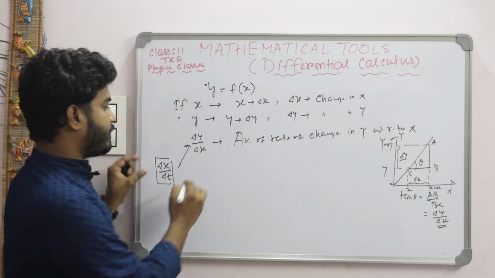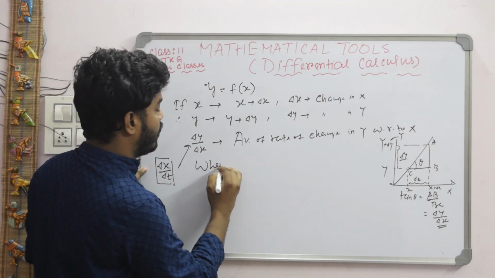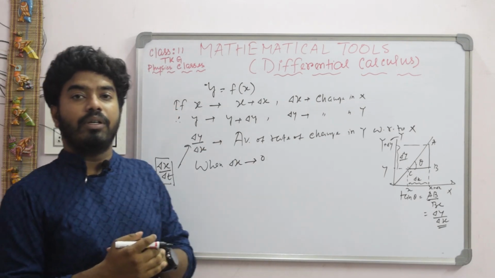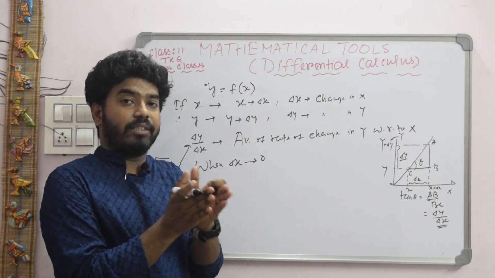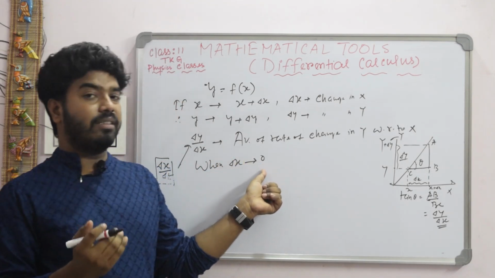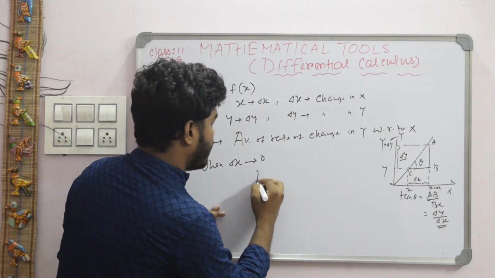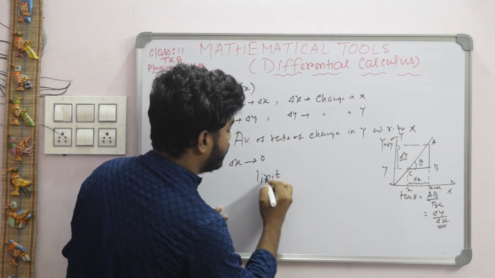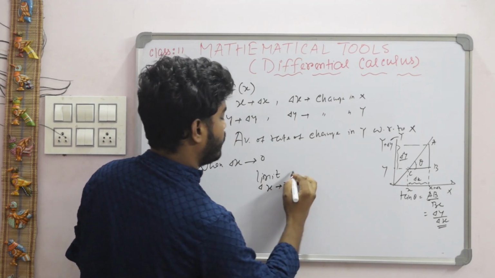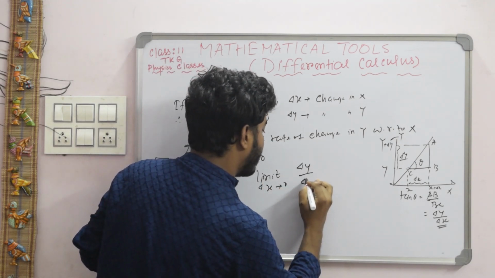Now what is important is when del x approaches 0, that means the change in x is very small and tends to 0. That means here we have to use the limiting value: limit del x tends to 0, del y by del x.